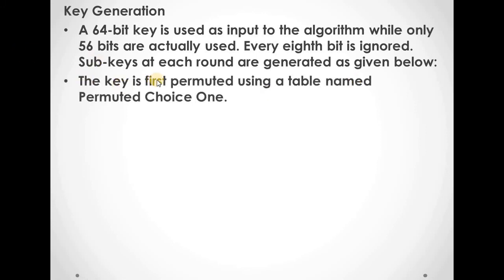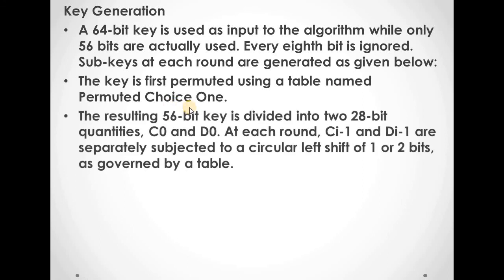The key is first permuted using the table named permuted choice 1. The resulting 56 bits are divided into two 28-bit halves, C0 and D0, and in each round Ci-1 and Di-1 are separately subjected to a circular left shift of 1 or 2 bits.